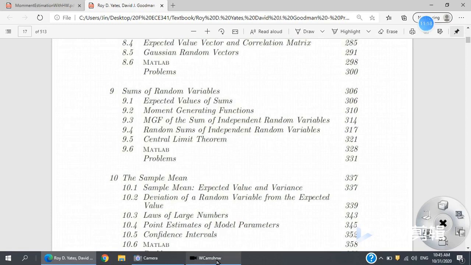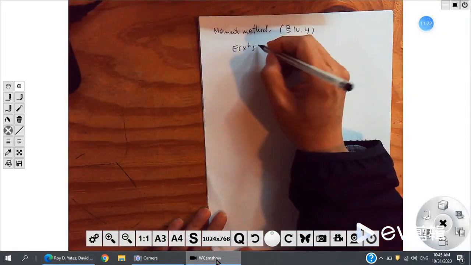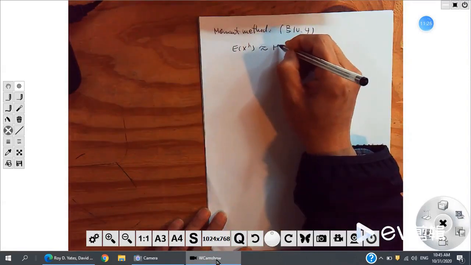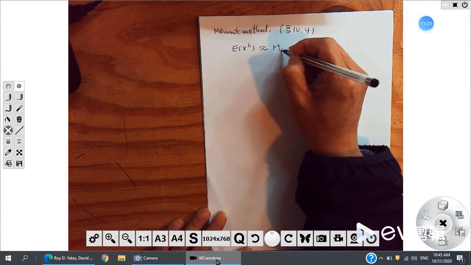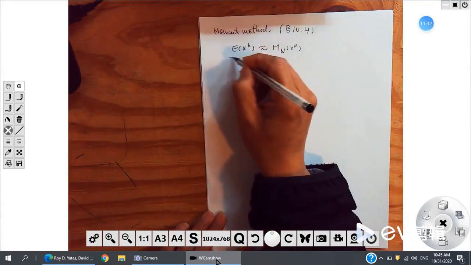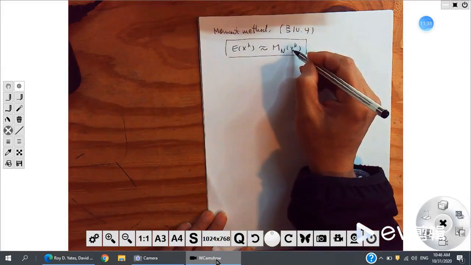So let me go back here. E of X is close to the mean value of X to the k. We just use this. This one is calculated based on the symbols, right?